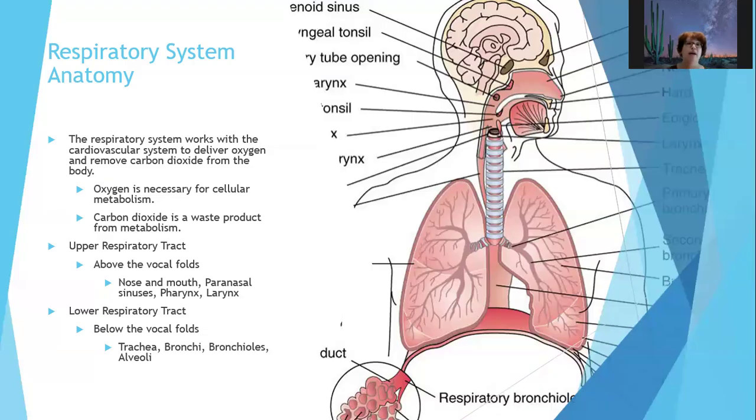The lower respiratory tract is everything below the vocal folds, and the lower respiratory tract is supposed to be sterile. No bacteria live there. If they get there, that's bad. We don't want that. So it includes the trachea, the bronchi, the bronchioles, and the alveoli, which is where the actual oxygen exchange happens.